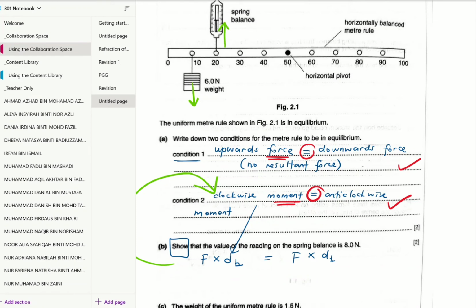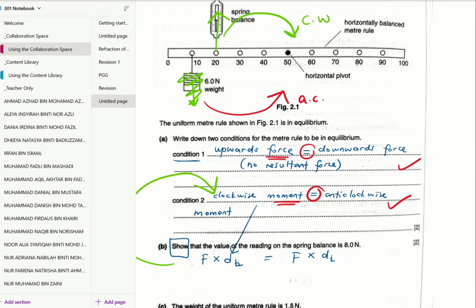The 6 Newton weight, let's say we don't have the spring balance, it will rotate anti-clockwise. Now if let's say we don't have the 6 Newton weight, we just have the spring balance, it will move clockwise. Do you understand that? You can pause again and try to understand that.